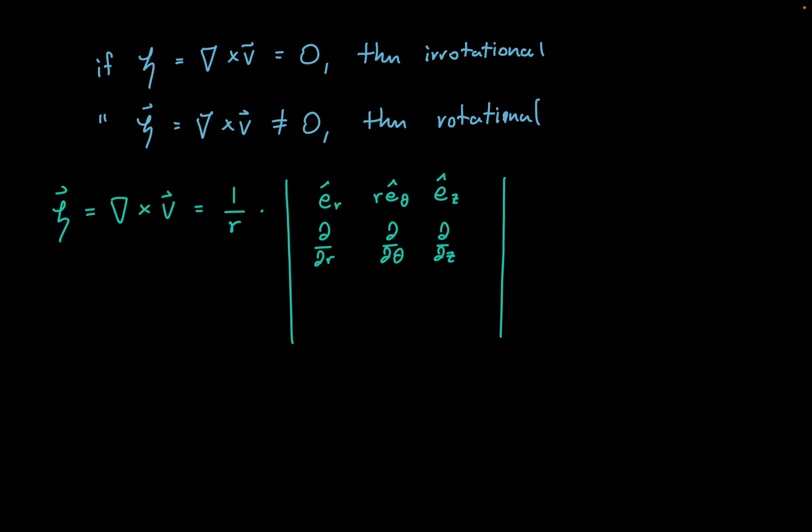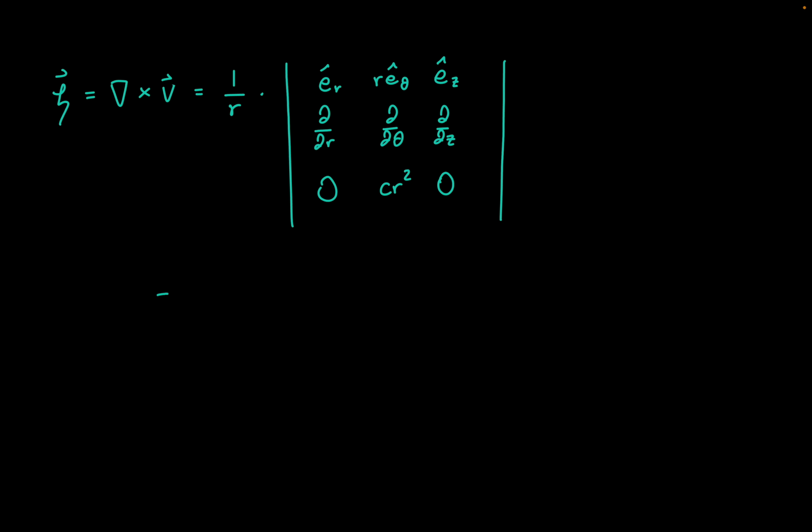And then for our velocity, we'll have 0, we'll have c sub r, and then 0. But again, we're following the rules of our cylindrical coordinates, so we actually have to multiply this specific component by another factor of r. So now, we can start to evaluate this. We'll have 1 over r, and then we'll have e sub r, and then 0 minus our partial z times cr, which is essentially just going to be 0 because we have no z in our cr.